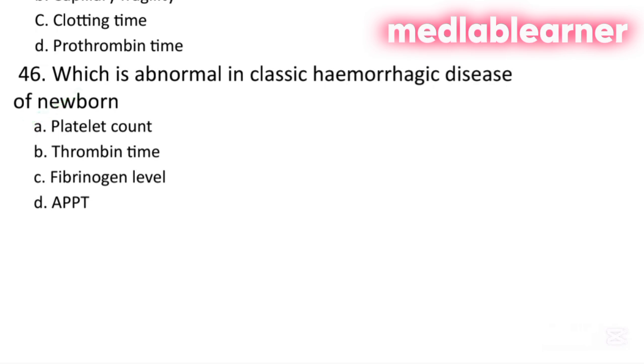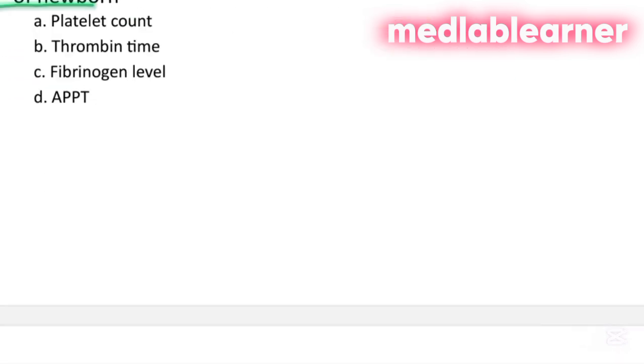A. Platelet count, B. Thrombin time, C. Fibrinogen level, D. APTT. Answer is D. APTT. APTT is abnormal in classic hemorrhagic disease of newborn.